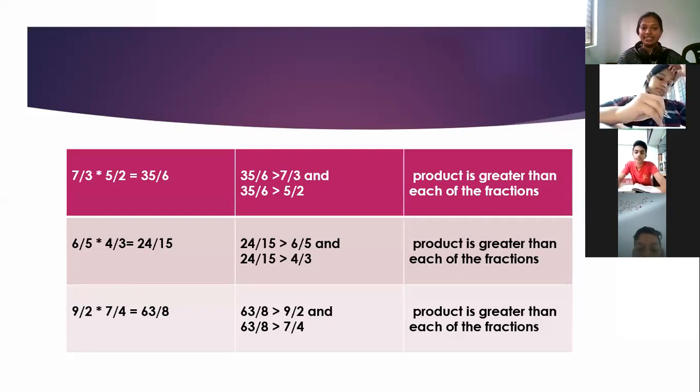That's why 24 by 14 is greater than 3 by 2 and 24 by 14 is greater than 8 by 7. That is what you have to fill in your second column. So here also we get the product is greater than each of the fractions.